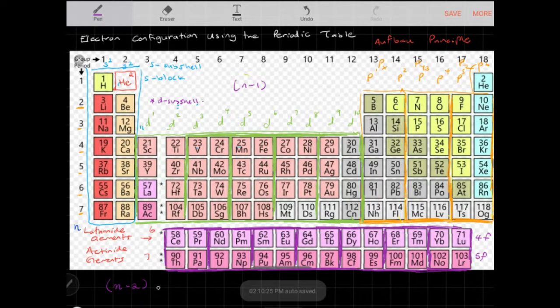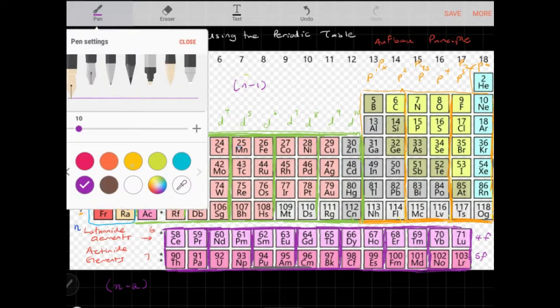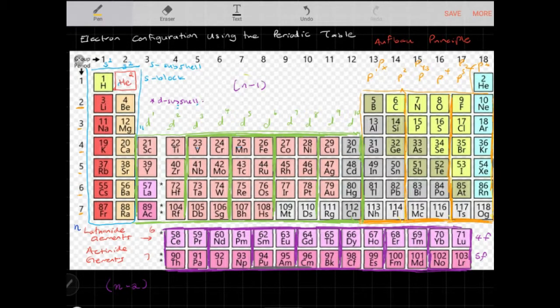So it's always important to understand that. And let's say we're looking at the electron configuration of cerium, which is atomic number 58. Then you're in the 6th energy level, so you still need to use xenon as your noble gas.